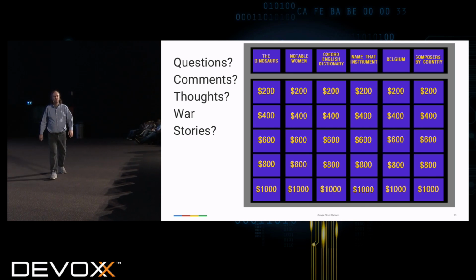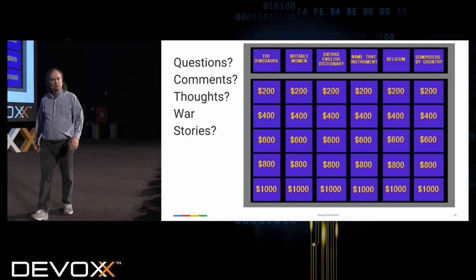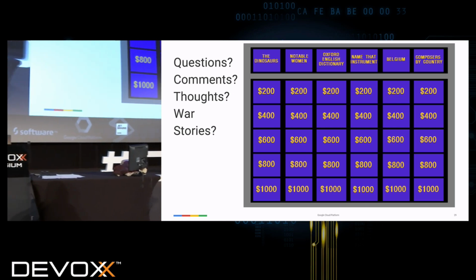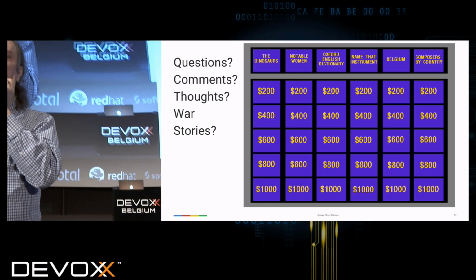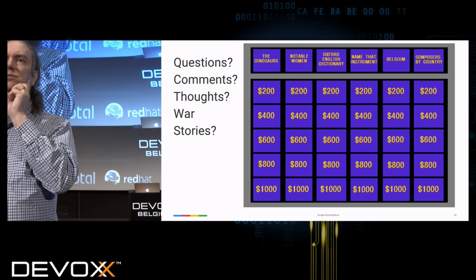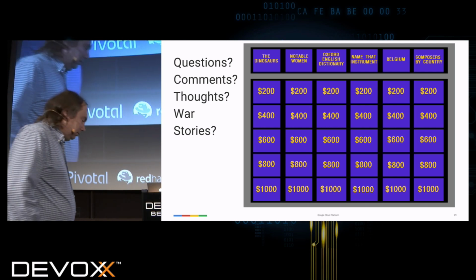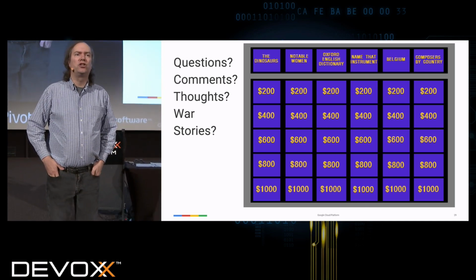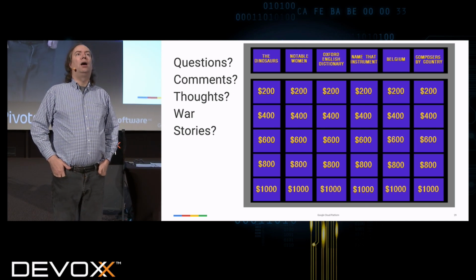Yes? You said we should aim for idempotency. Right. And how would we prevent the creation of a resource twice? Okay, for idempotency, how to prevent the creation of a resource twice, this is exactly what PUT is for.